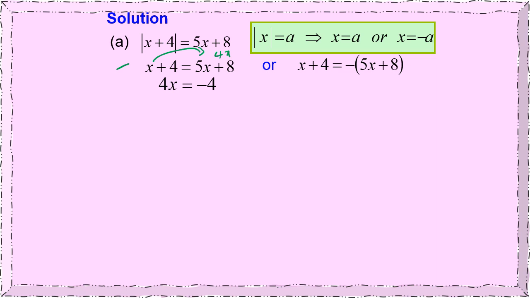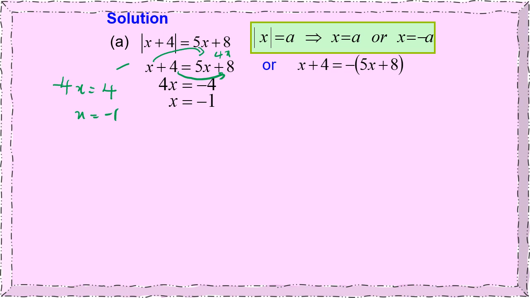Or you can also write x minus 5x, we get negative 4x equal to 8 minus 4 equal to 4. So x is equal to negative 1. So you get the same answer whichever way you do, as long as you let x be the subject at the end. Okay, so we have x equal to negative 1 for the first part of the definition.